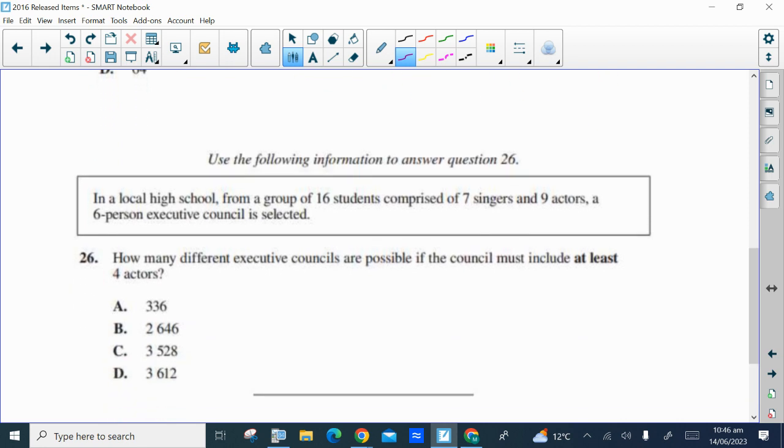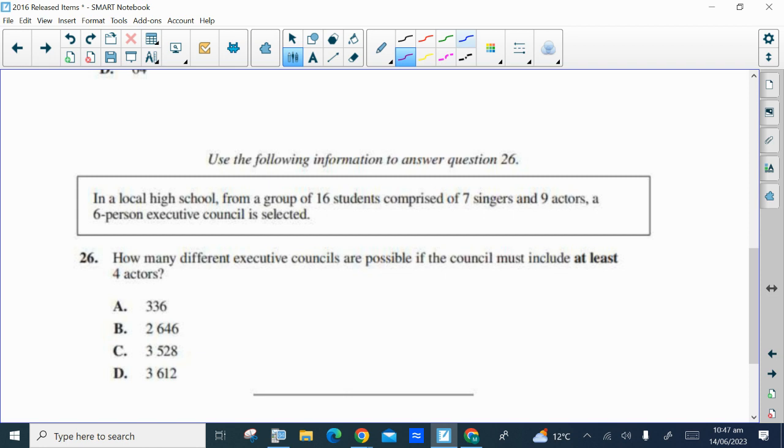In a local high school, from a group of 16 students comprised of 7 singers and 9 actors, a 6-person executive council is selected. How many different councils are possible if the council must include at least 4 actors? So the first thing you need to realize is that order doesn't matter here. They don't fulfill any specific role. So this is a combination.